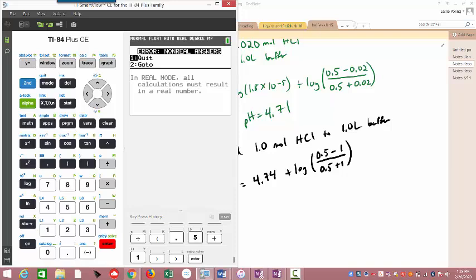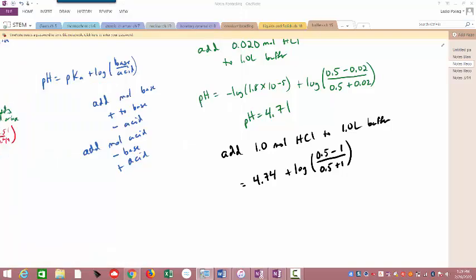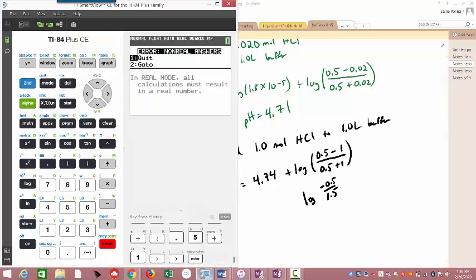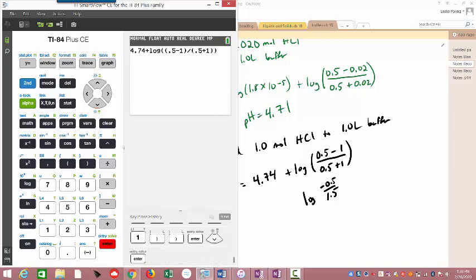Okay, well, what we got there is log of negative 0.5 over 1.5. 0.5 divided by 1.5 gives us 0.33, so it would be log of negative 0.33.